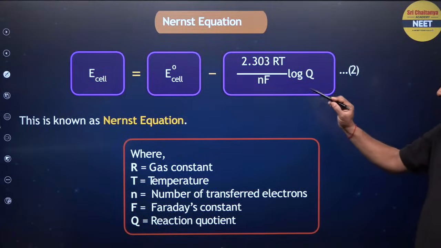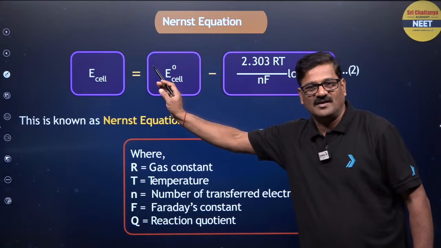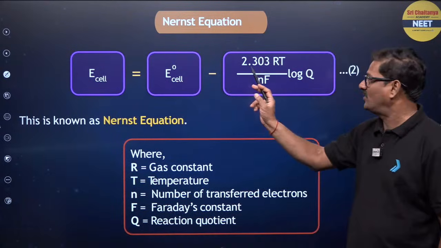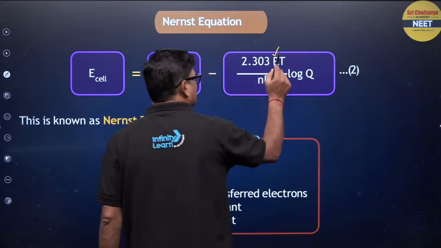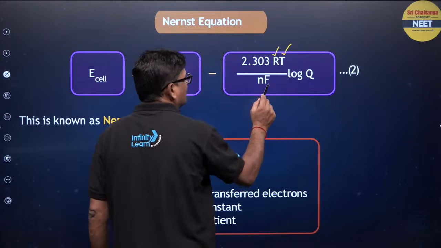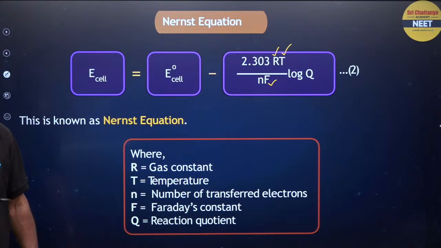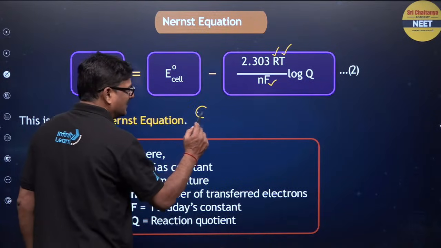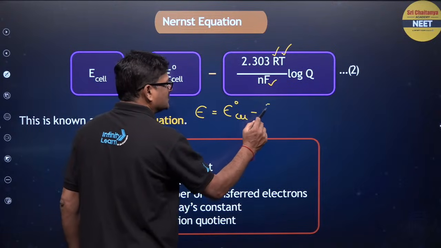So you can say EMF or E cell is equal to E naught cell minus 0.0591 by n log Q. You can directly write this because R value we know, T value 298, F is 96,500.